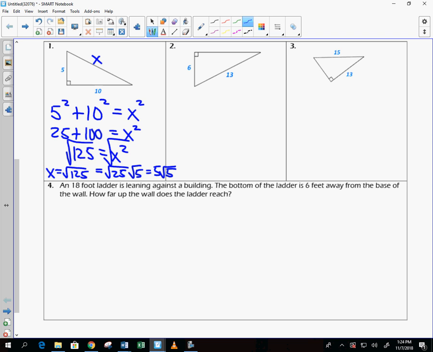What is different about example 2? Yeah, we're given the hypotenuse. We're trying to find a leg. So now it changes. It's 6 squared plus x squared is 13 squared. What is 6 squared?